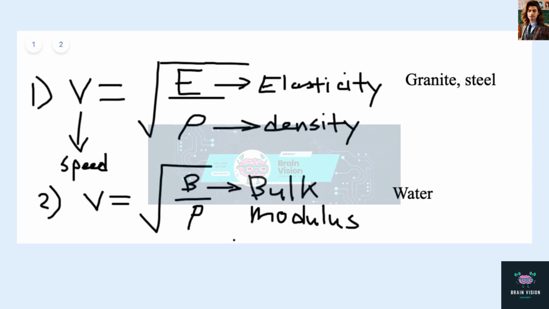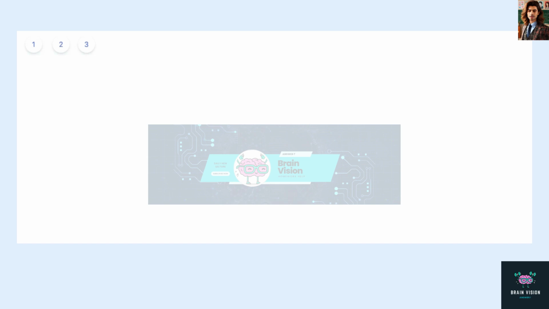What we have to do now is refer to two tables from the book. Table 9-1 gives you the bulk modulus B and the elastic modulus E for a variety of substances, including water, granite, and steel, and table 10-1 gives the densities of these substances.